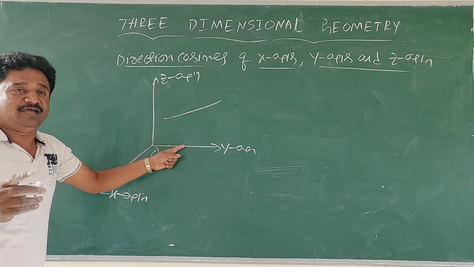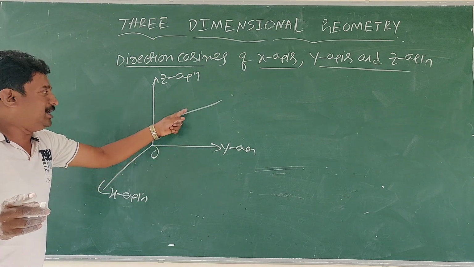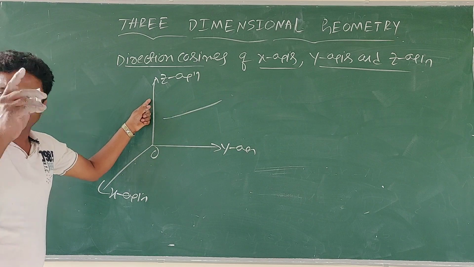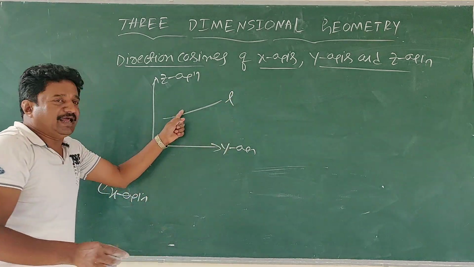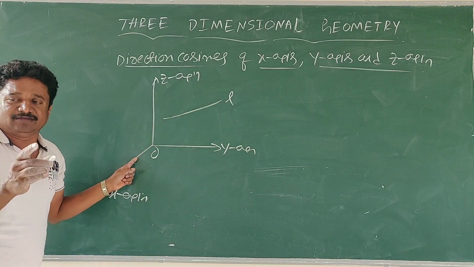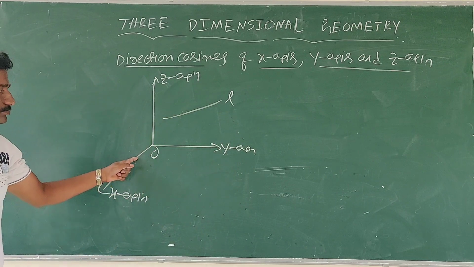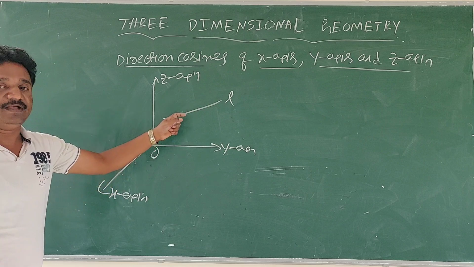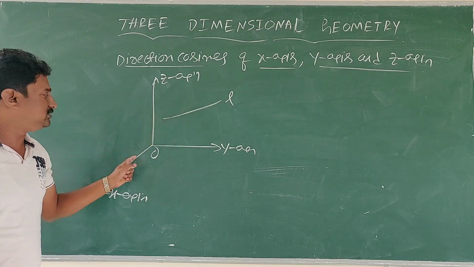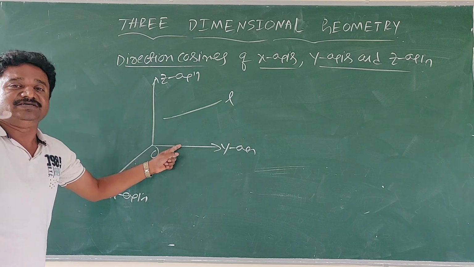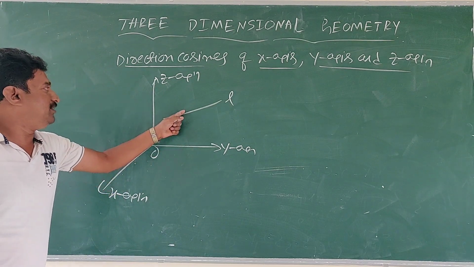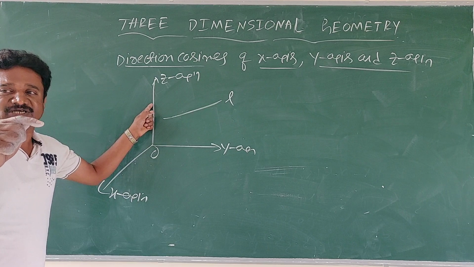The angle between the line and y-axis is beta. The angle between the line and z-axis is gamma. You remember this. Angle between line and x-axis is always alpha, with y-axis always beta, with z-axis always gamma.